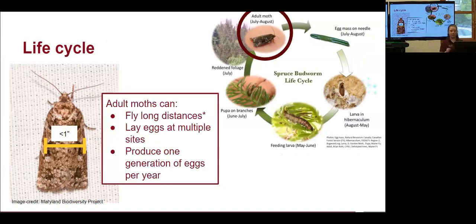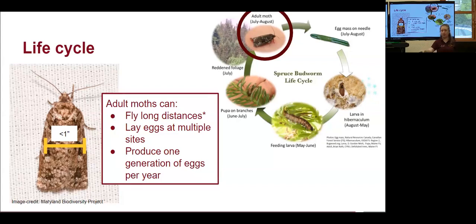But what makes them really interesting is that spruce budworm moths are very efficient flyers. They've actually been recorded flying 125 miles in one night in Canada. So they are very good at flying long distances and expanding the range of their population. And as they're flying, they can make stops and lay eggs at multiple different sites.